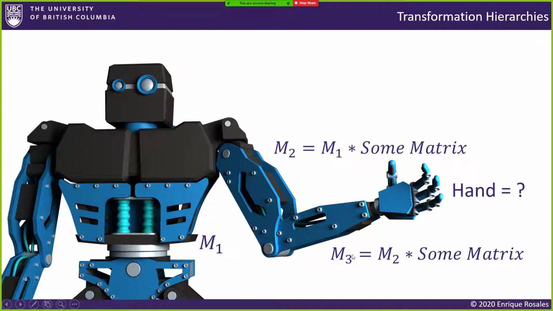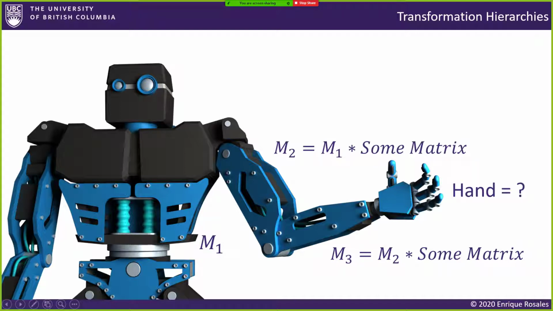So the matrix M3 is whatever rotation this piece has times its parent, which in this case is M2. You don't need to care about what the torso or the hip is doing. This guy could be dancing or whatever, it doesn't matter. For you, it's: I am locally rotating 45 degrees with respect to my parent, and that's it. I just multiply by my parent.